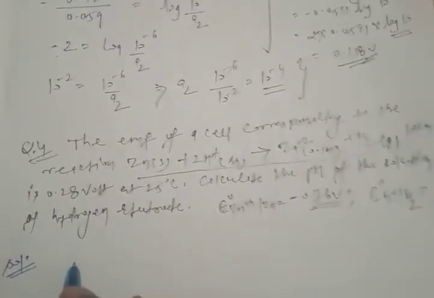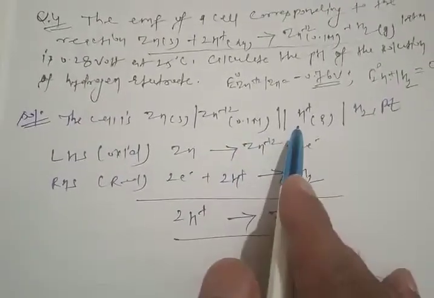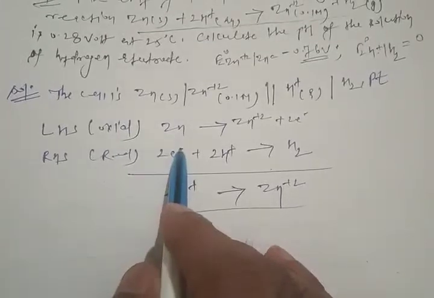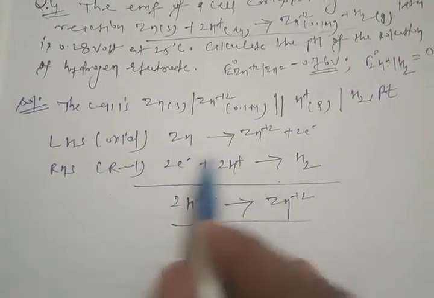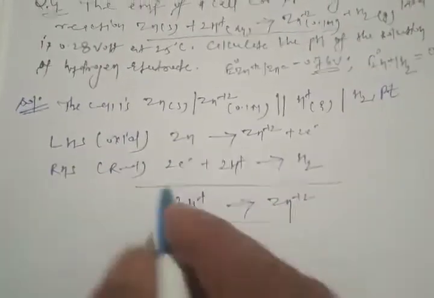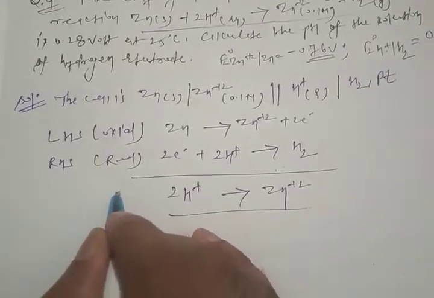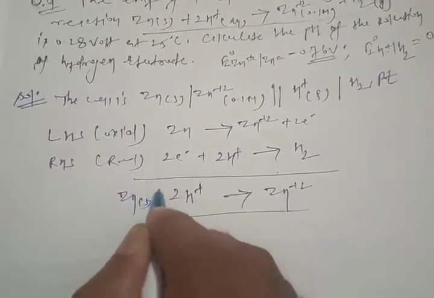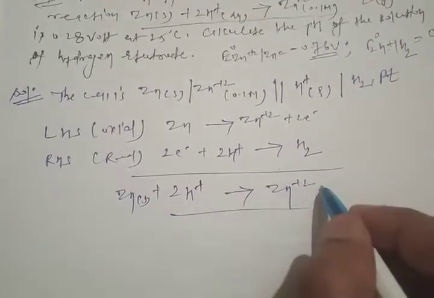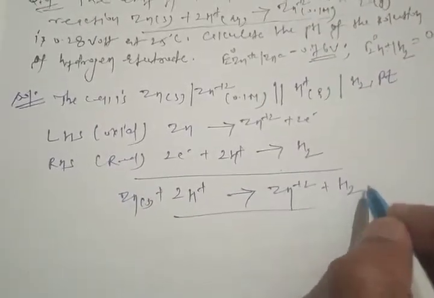First you have to write the cell. So this is the cell reaction, left hand side reaction and right hand side reaction. So if you go for the overall reaction, this is Zn solid and Zn plus 2 with hydrogen.